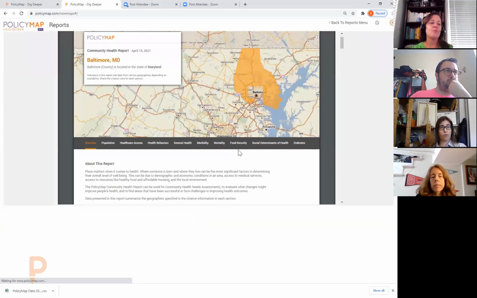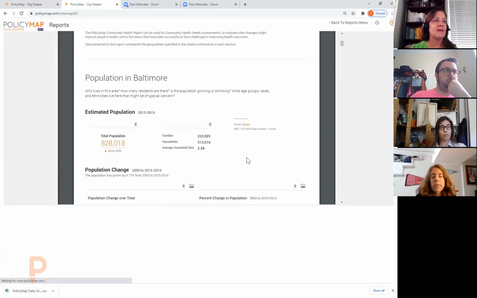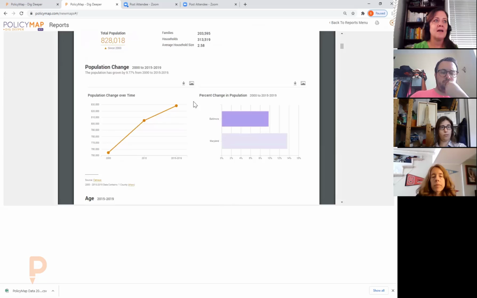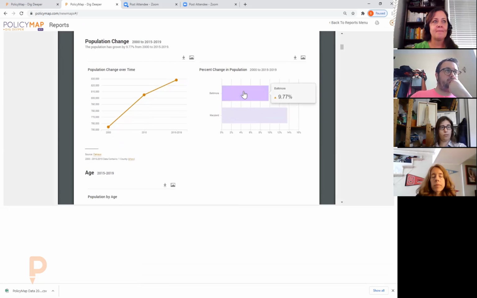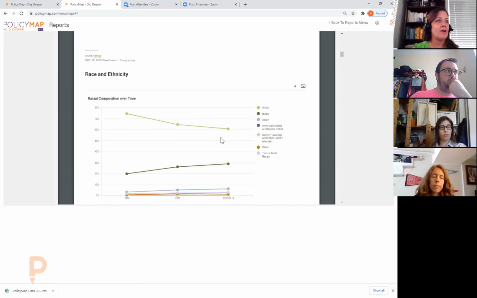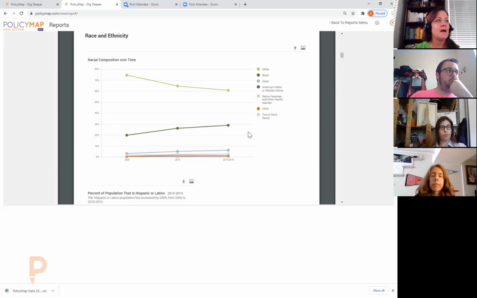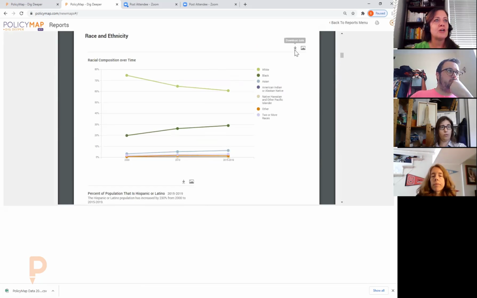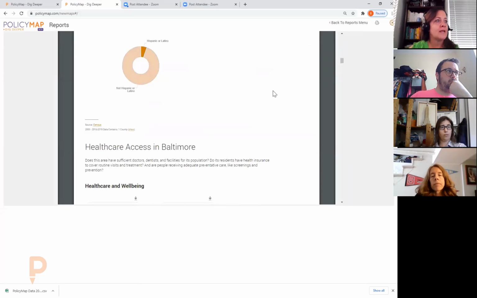And this is a more modern report where all of the reports will be going. But here you again have estimated population, changes over time, and you can benchmark against the state. There's data on racial composition. You can see that all these charts and graphs, the data can be downloaded, or you can take these images out and incorporate them into your own reporting.